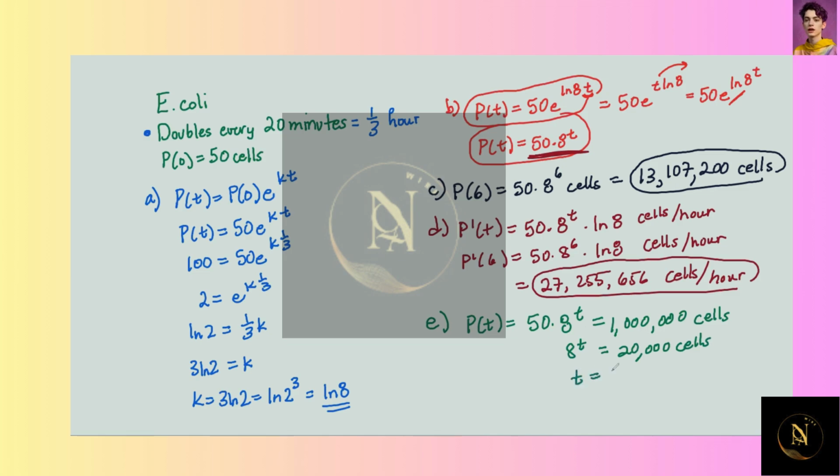So t is log base 8 of 20,000, which you can do, use another log rule and do ln of 20,000 over ln of 8. Very useful log rule. And when we plug that in our calculator, we get 4.76 hours to reach 1 million cells. Woo!